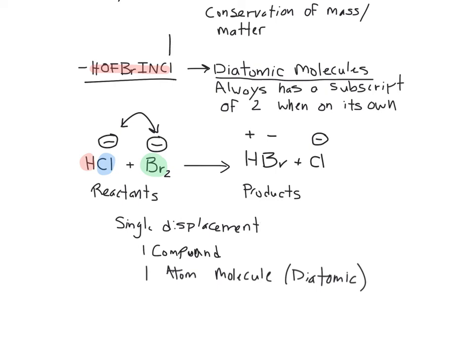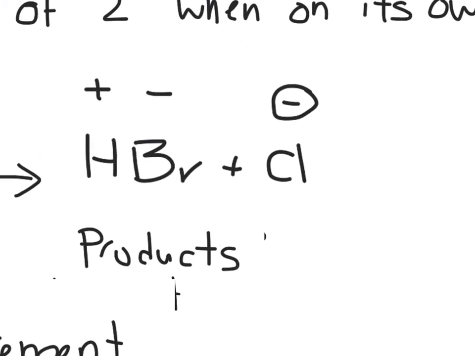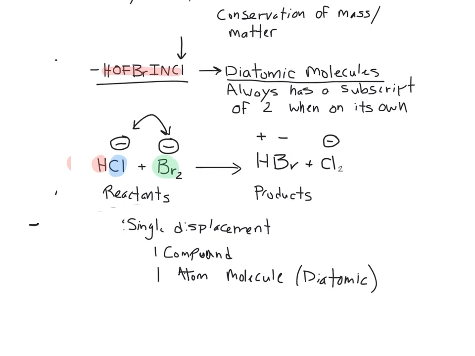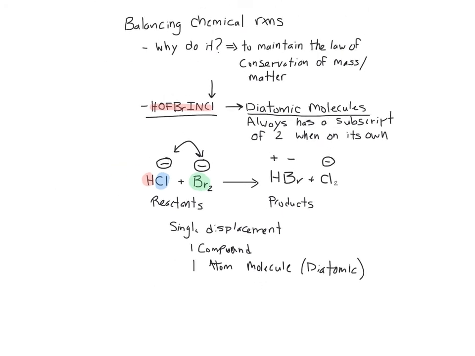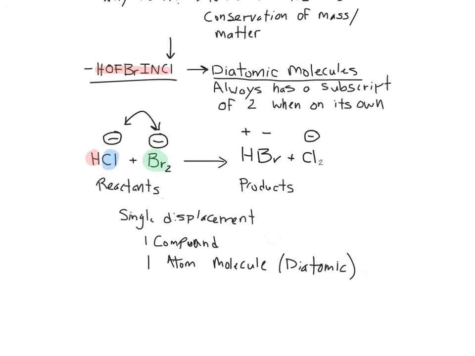Chlorine, notice right here, Cl, is one of these. Anytime we see one of these atoms by themselves, we know they're not actually by themselves. They always pair up with themselves. And so to describe that, we added a subscript of 2. So I wanted to go over that while we had the chance to do it.